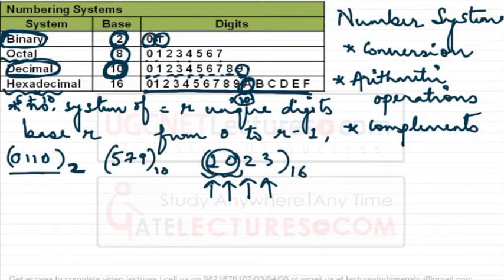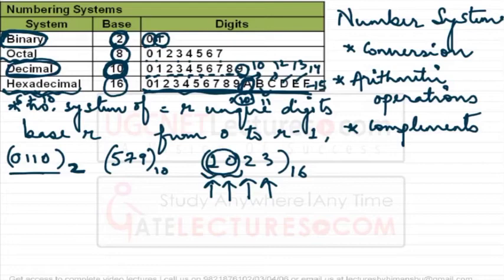So what we do is we take 10 unique symbols from 0 to 9. After that we are taking alphabets, because this number system ought to have 16 unique symbols, right? So we want 16 unique symbols. We take 10 numbers and then we take 6 alphabets. So what is A representing here? A represents numerically 10, B represents 11, C represents 12, D is 13, E is 14, and F represents 15.